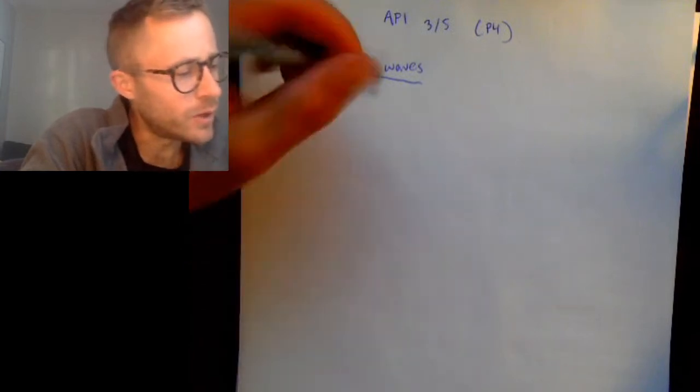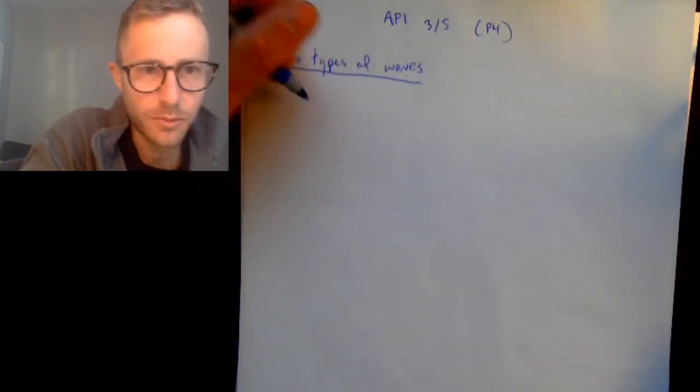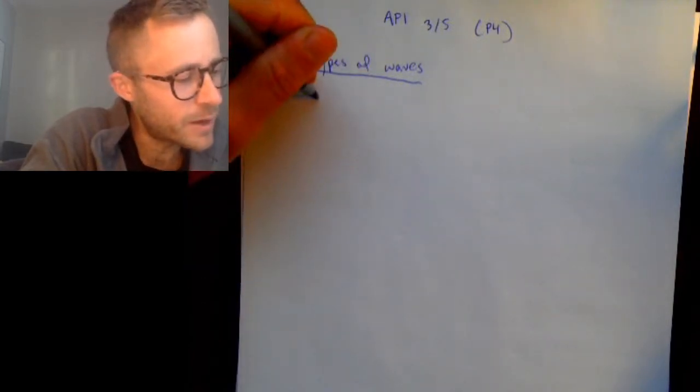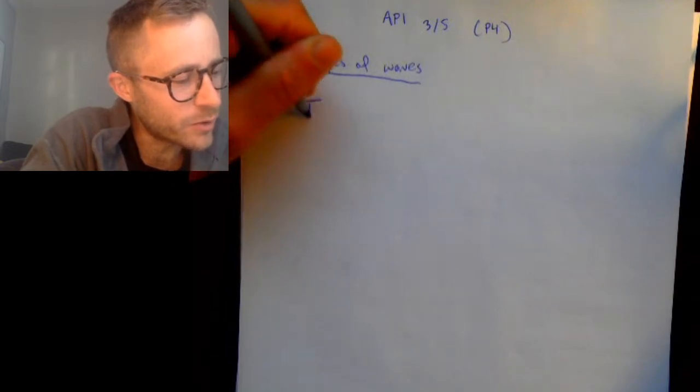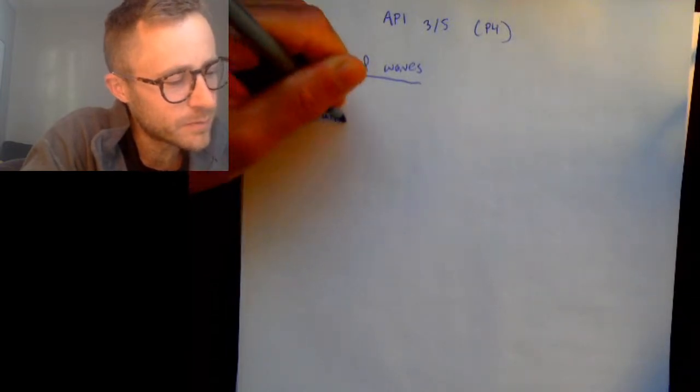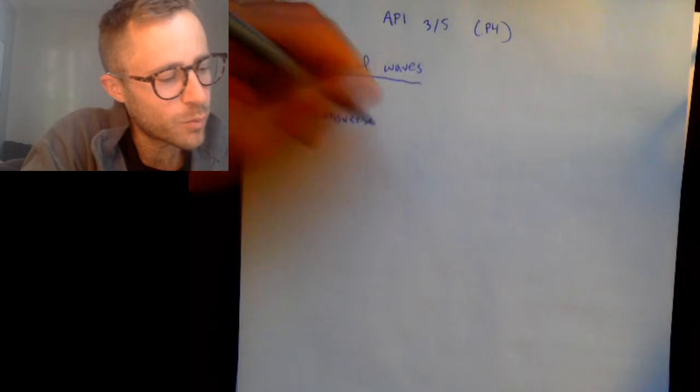One of the types of waves is called a transverse wave.